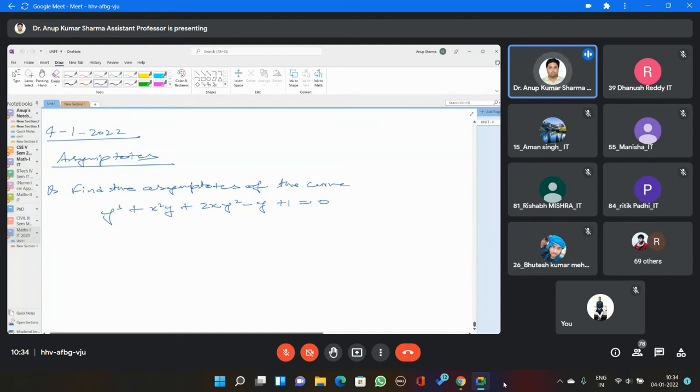Okay, find the asymptotes of the curve y cube plus x square y plus 2xy square minus y plus 1 is equal to 0. The highest degree term.